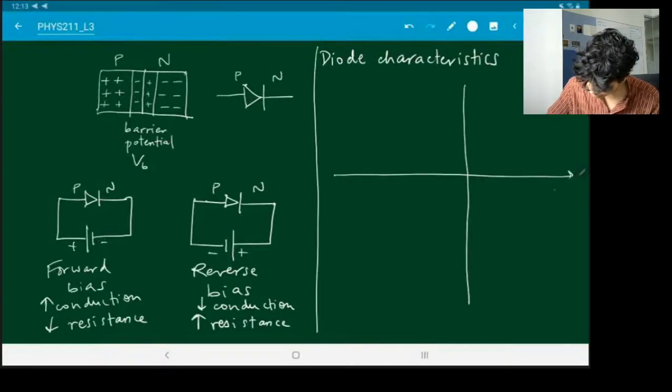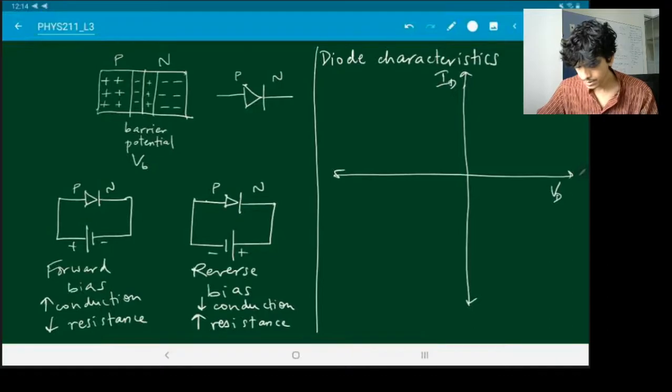So conventionally you put the voltage across the diode on the x-axis and you put the current through the diode along the y-axis. So of course if you supply a forward bias voltage, so you're putting a positive voltage, then the characteristic looks something like this.